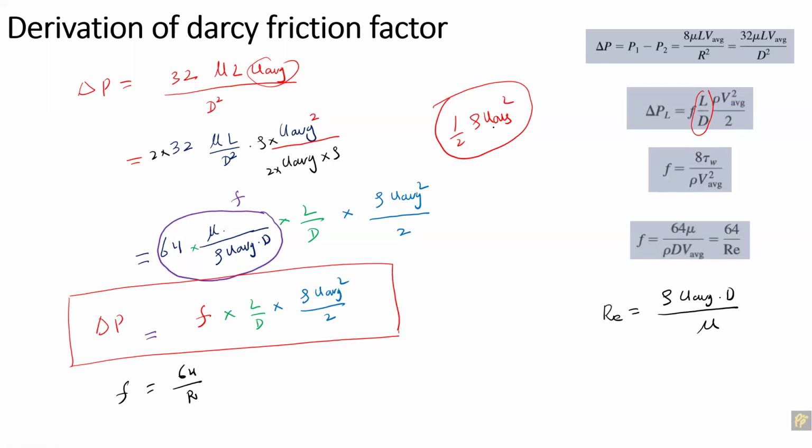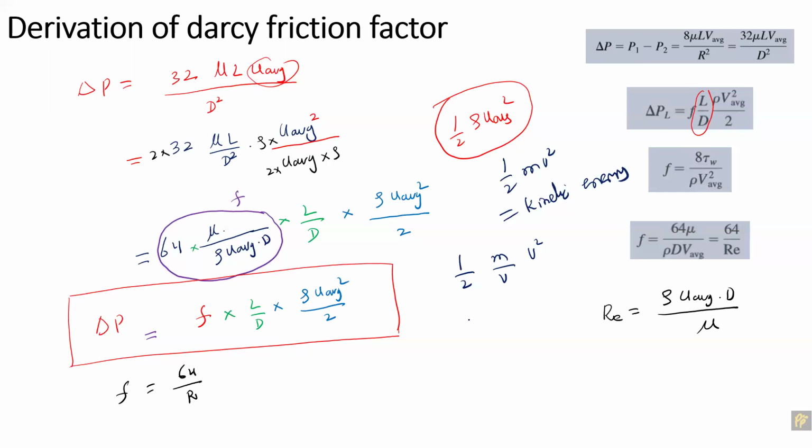Okay, let me answer. You know about this term, 1/2 mv square. This 1/2 mv square is a kinetic energy, right? So I can write this density as m upon v, mass upon volume, into velocity square. U average is the velocity.